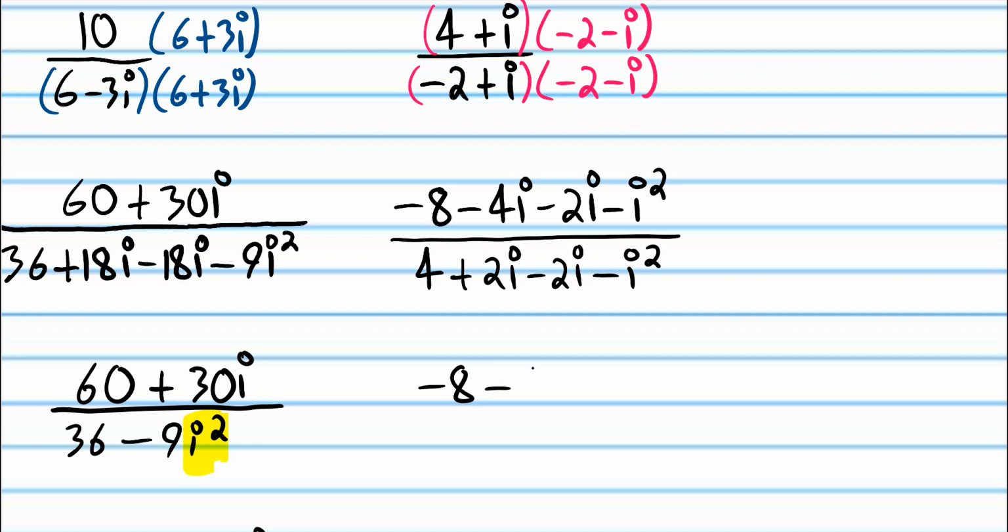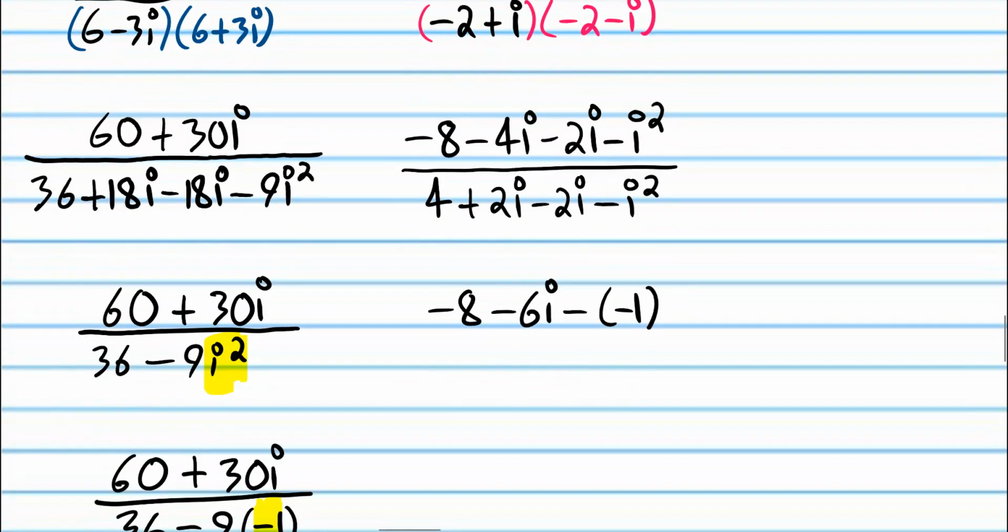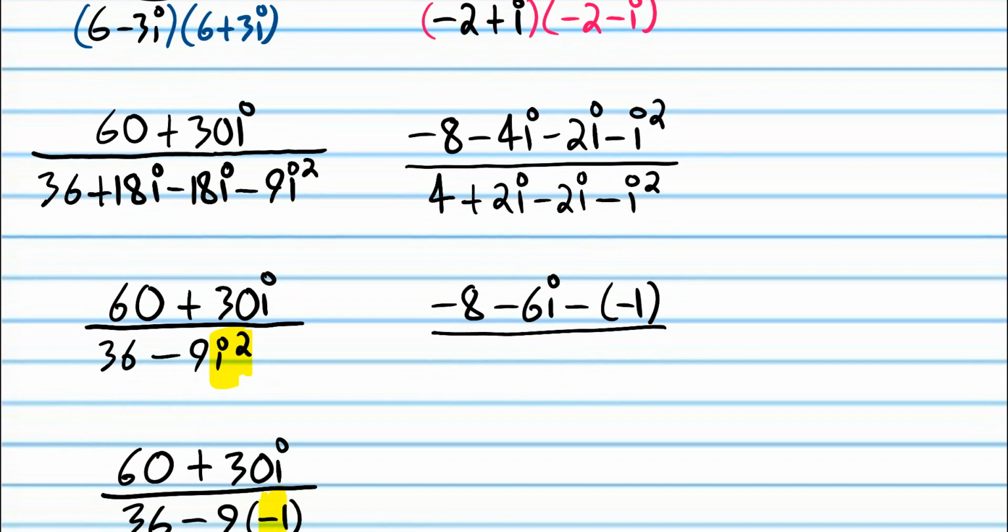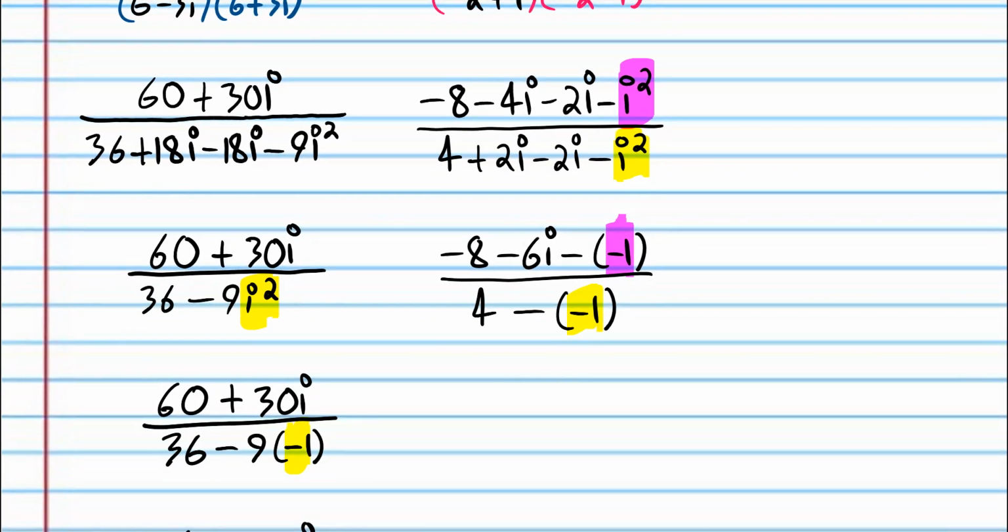In the numerator, the i terms don't cancel out. So these become negative 6i. But in the denominator, the i terms do cancel out. So we have 4 minus negative 1. Again, this i squared becomes negative 1. This i squared becomes negative 1. These inner terms just cancel out.